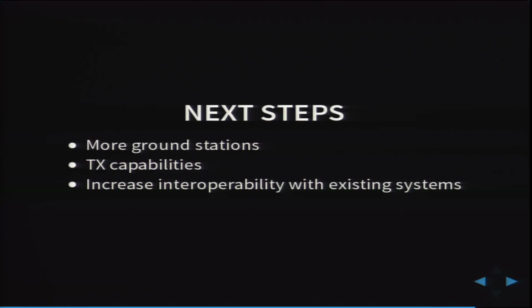And in addition to receiving, we are also planning to have transmitting capabilities. And lastly, we want to increase interoperability with existing systems. We know that there are many rotators and many setups out there that are academic projects and are in an idle state, so we want them to use our network and reuse the available equipment.